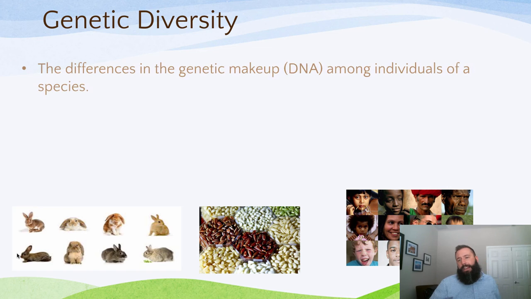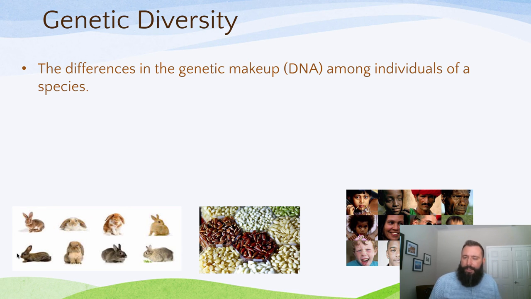We can talk about genetic diversity and biodiversity at that level too. When we talk about genetic diversity, we're discussing the differences in the genetic makeup, the DNA among individuals of a species. Those genetic differences are the result of mutations or crossing over events that happen in the reproductive cells of the parents.